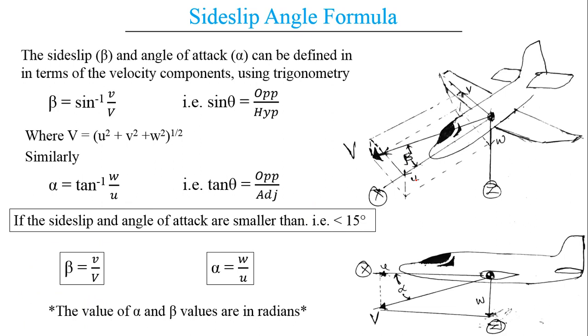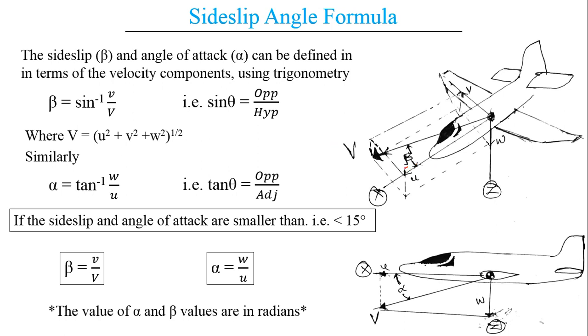Just take it to trigonometry. What we know from trigonometry is that if there is an angle, and if we know the length of the opposite side and the length of the hypotenuse, we can obtain the angle.